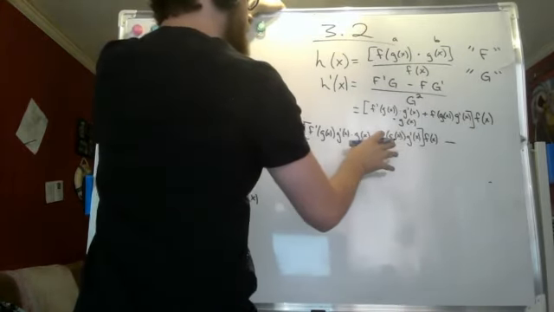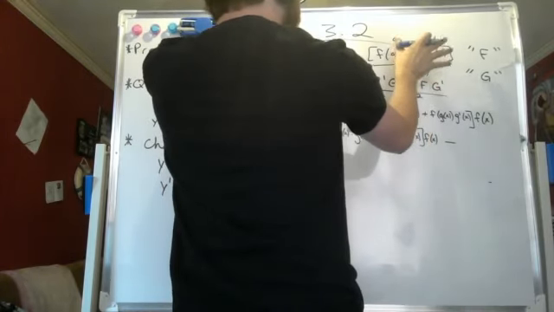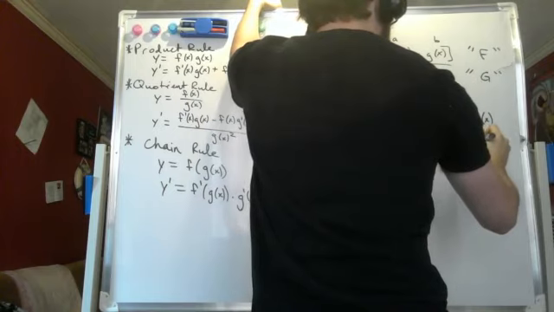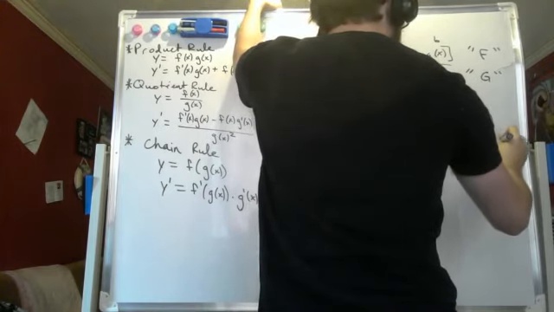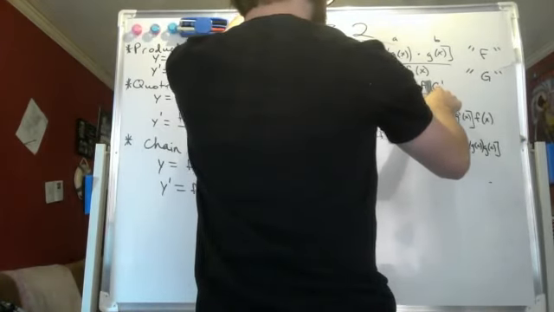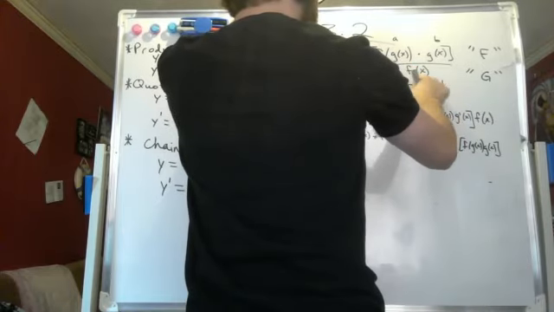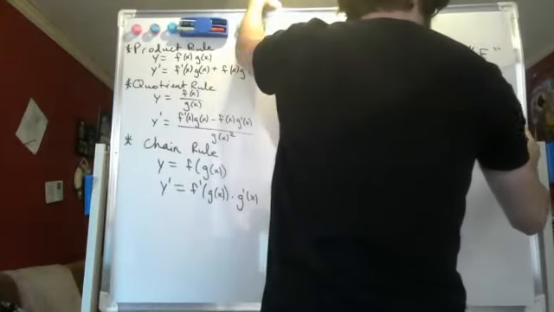So this is big F prime times big G. Minus, I need big F, that's just the numerator, so f of g of x times g of x. So that's big F times big G prime. What's big G prime? Well, that's the derivative of the denominator, which is f prime.